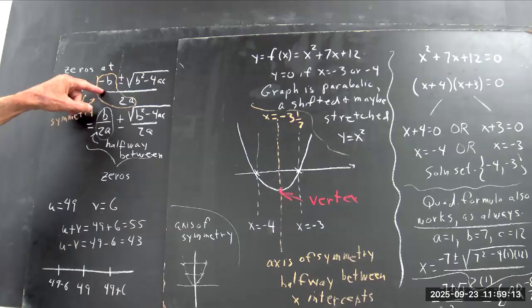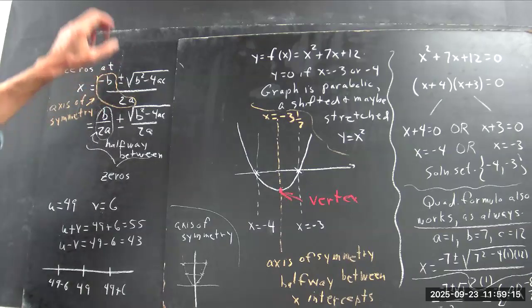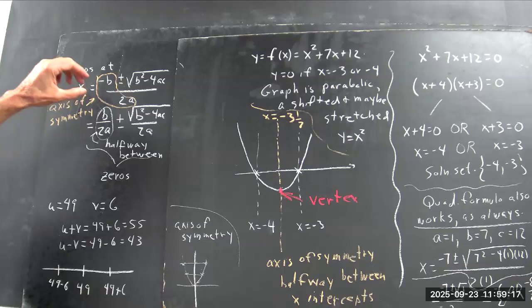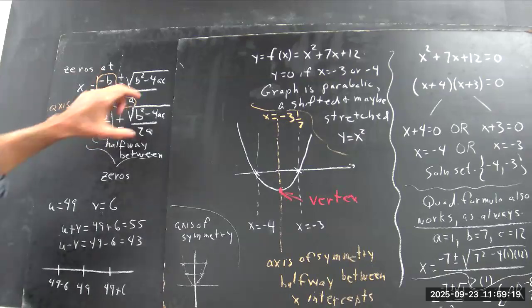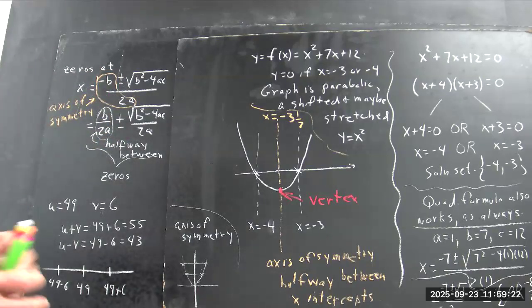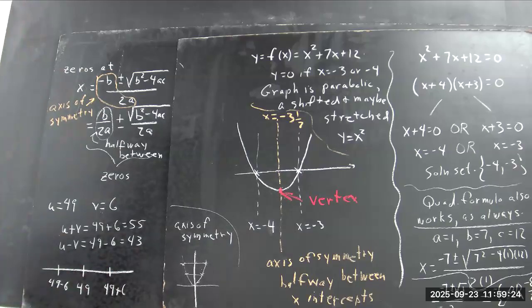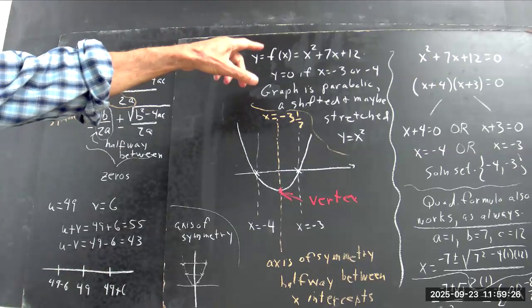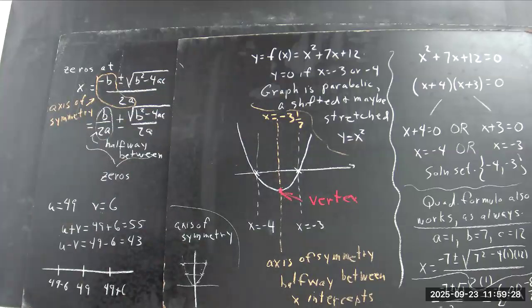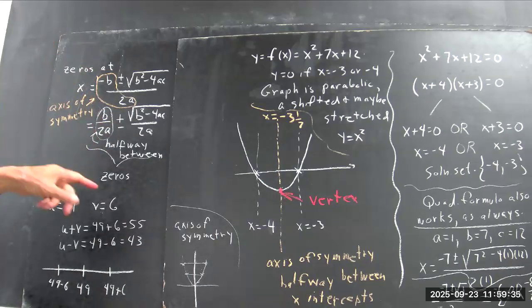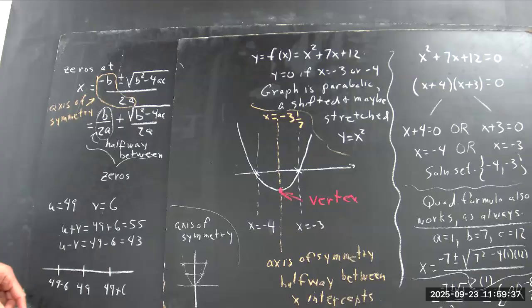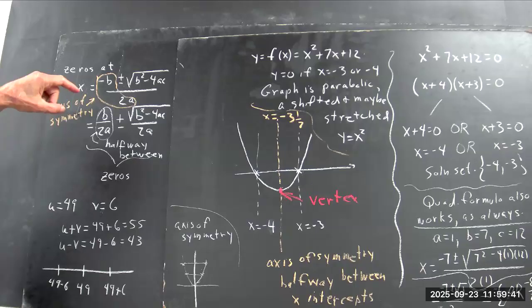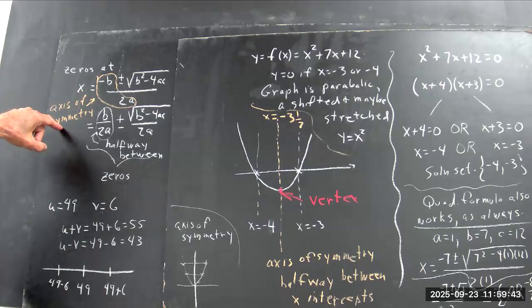This number is halfway between this number plus this number and this number minus this number. So if you have a quadratic function in general form, identify A, B, and C, use the quadratic formula to find the zeros, and use it to find your axis of symmetry.